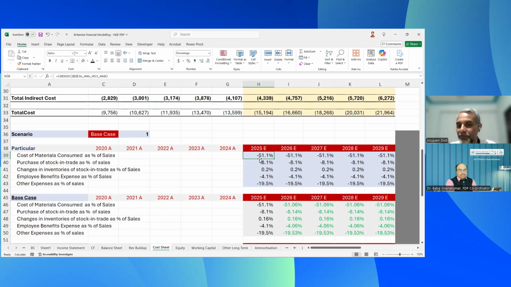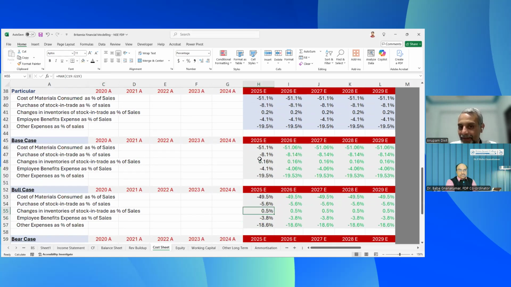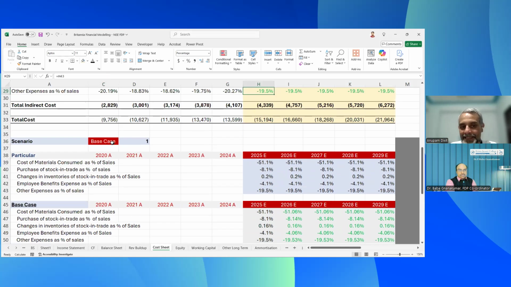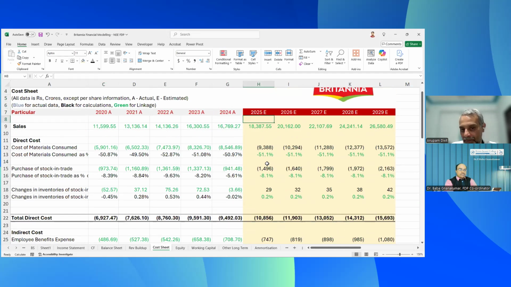So for all of these line items here, we have created different scenarios, right? Of all the three values, we have created different scenarios. And then using this cell as a driver, I have linked this cell here and created these values, right? And then once we have got them here, we just go and link it to this cell here, 51.1% as the cost of material.